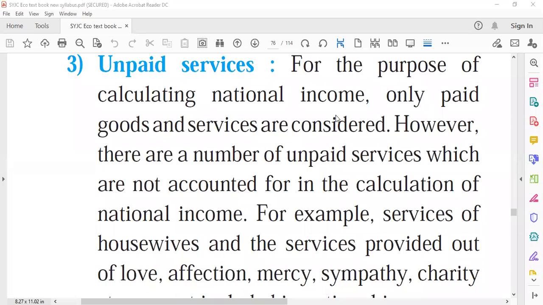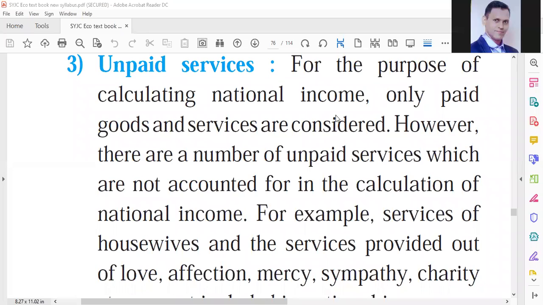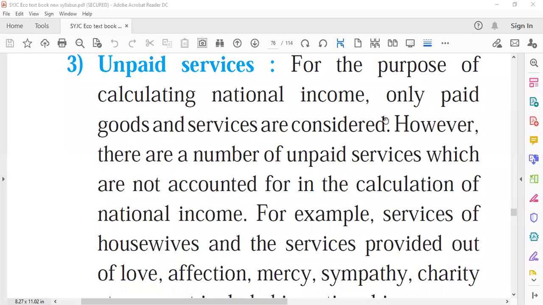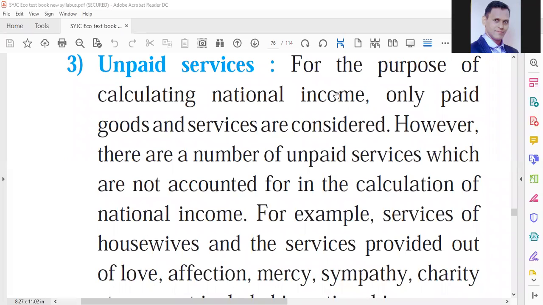Apart from this, any goods that we receive without any payment, all such goods or services are considered free goods and services.